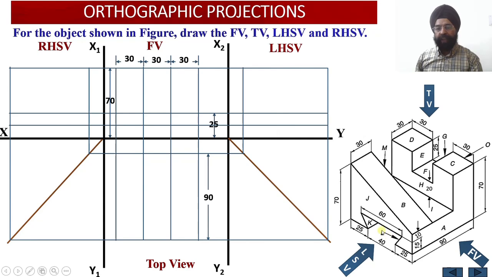Corresponding to this angular element of the slot, the height is equal to 15 millimeter, so I have drawn again a horizontal projection line at a height of 15 millimeter from the base. So I will be able to identify this particular edge which is not visible to me, and it will be visible as a dotted line or a hidden line in the front view.